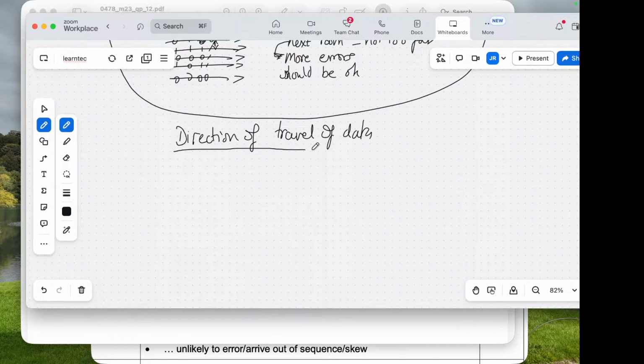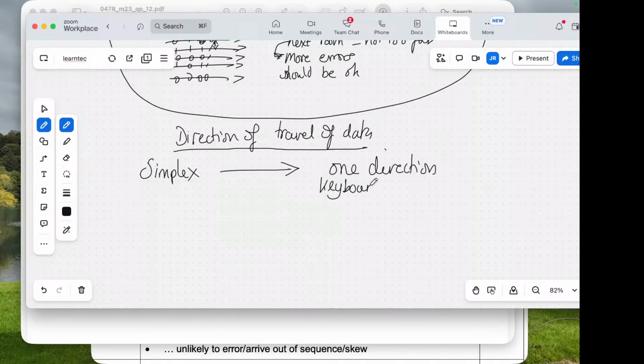That is simplex is the first one, and that is one direction only. And so that would be things like a keyboard or a mouse or the graphics tablet that I'm using to write this. And it is usually input devices.